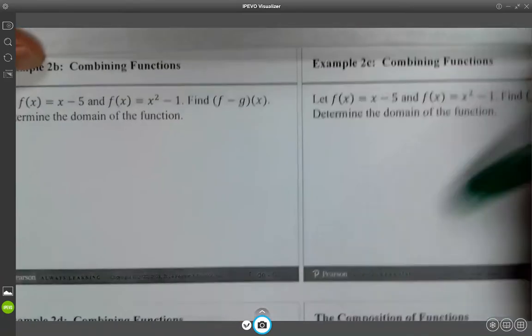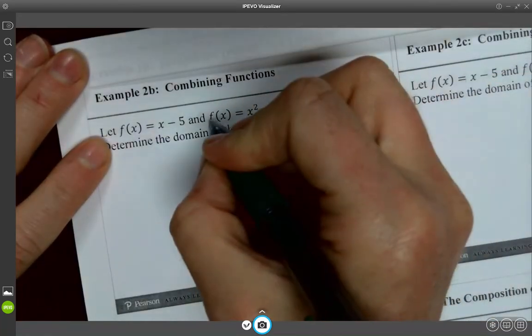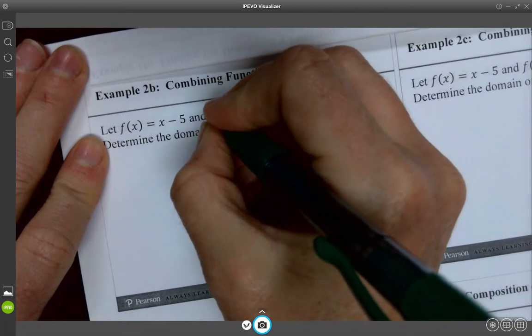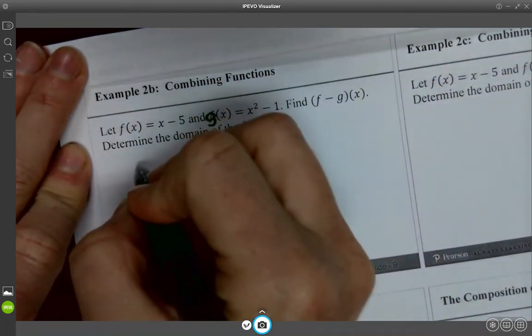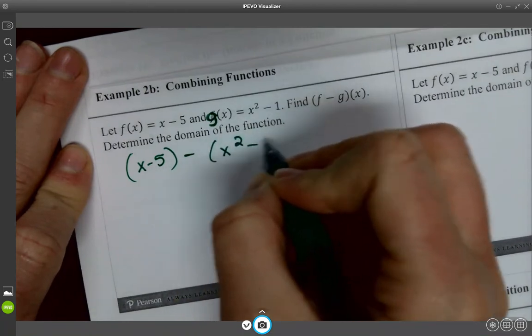Now let's combine the next one. x minus 5 and then x squared minus 1. We're going to subtract them. So, I guess that should have been a g. Made a mistake there. So x minus 5 minus x squared minus 1.